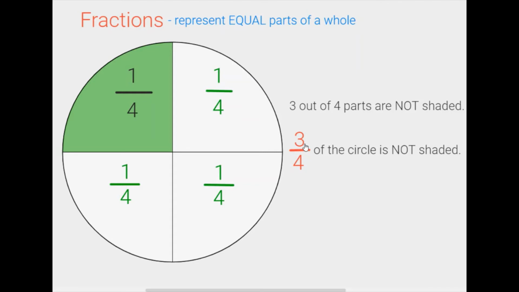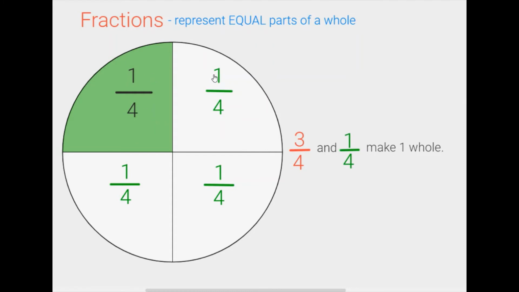And 3, the numerator, is the number of slices we have. Since we're talking about the parts that are not shaded, we have 1, 2, 3 parts. So the numerator will be 3. 3/4 of the circle is not shaded.